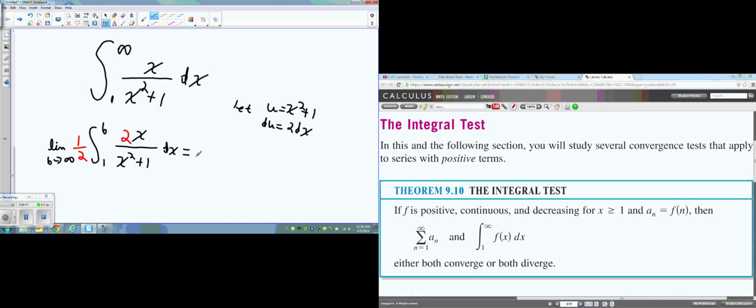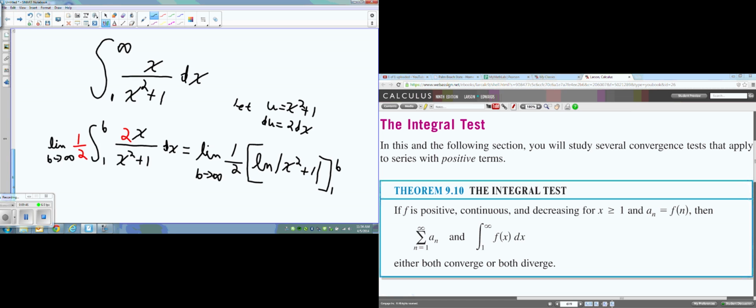So when you actually did your integral, you would get that this is the limit as b approaches infinity of 1/2, the 1/2 would still be here, but this would be the natural log of u, which would be the natural log of x squared plus 1, and this would be all evaluated from 1 to b.